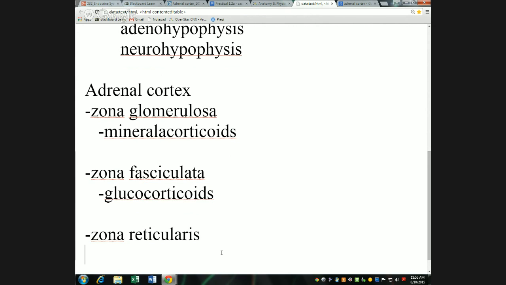And then the zona reticularis is responsible for gonadocorticoids. Now, most places will not use that term to refer to these. More often, they'll just be called sex hormones. Okay, so that would be androgens like testosterone or estrogens.